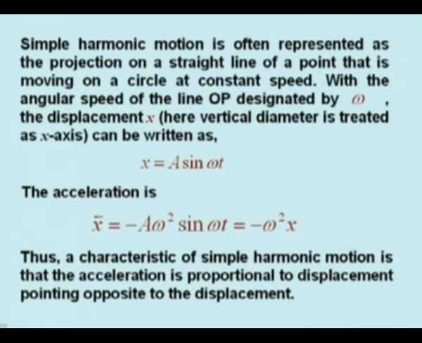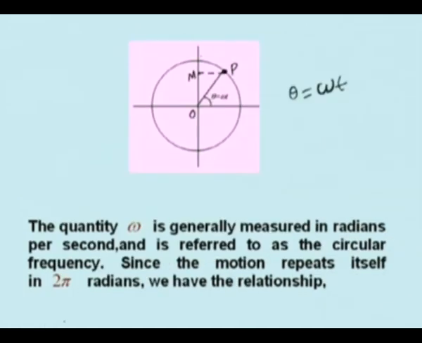with the angular speed of the line OP designated by omega, the displacement x can be written as x is equal to a sin omega t. That we can write displacement of this point can be written x, because see a sin omega t.